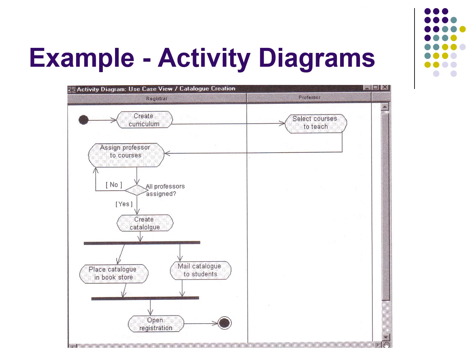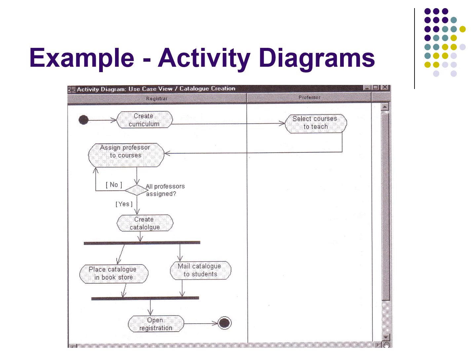Right, so this is an example whereby there are 2 swim lanes. One is for the registrar, the other one is for the professor, and this is a use case to create a curriculum. Once a curriculum has been created by the registrar, the next process is that the professor will select a course to teach.